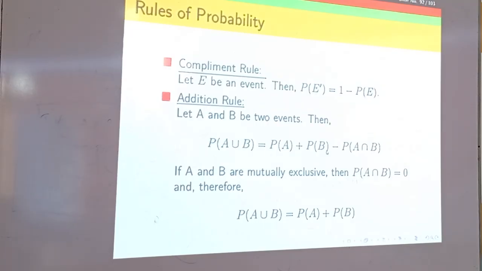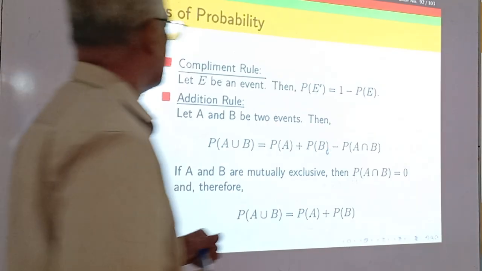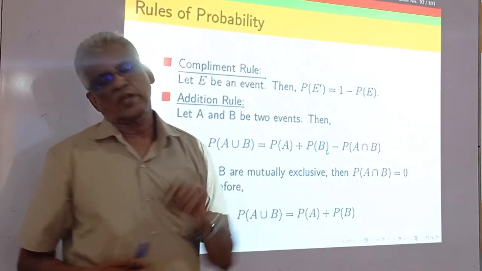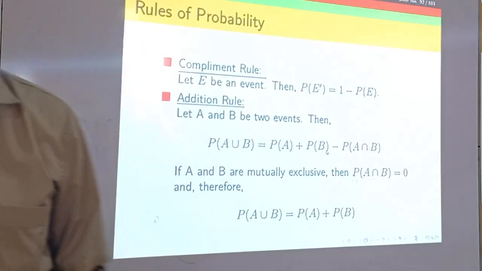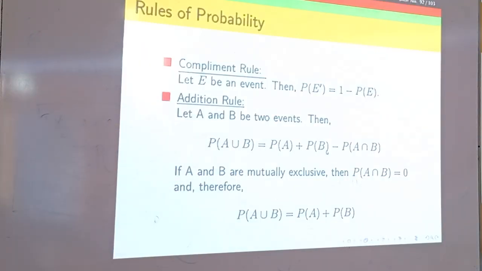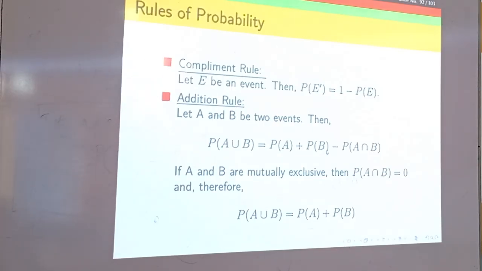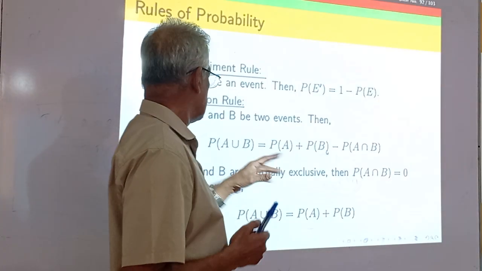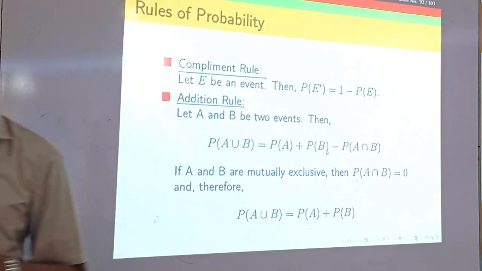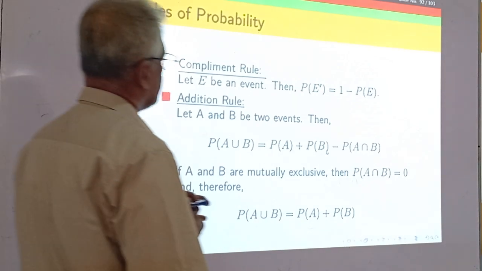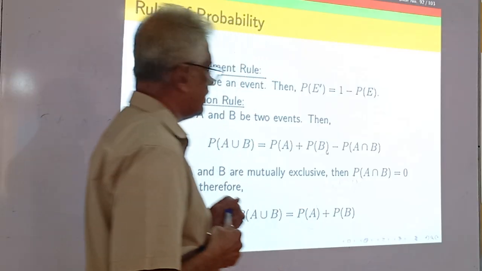The first one, which we have already used, is called the complement rule. If you know the probability of some event E, you can get the probability of the complement by 1 minus the probability of E. That is coming from the second rule actually. Let's look at the addition rule. Generally, the probability of A union B is equal to the probability of A plus the probability of B minus the probability of the intersection.